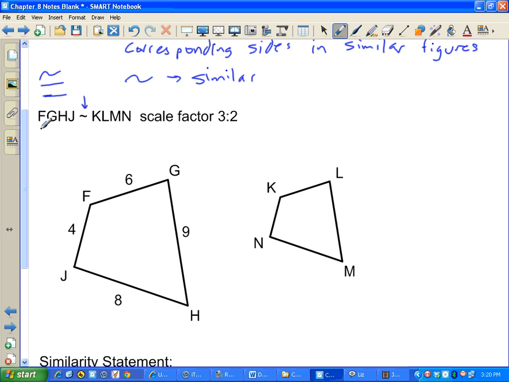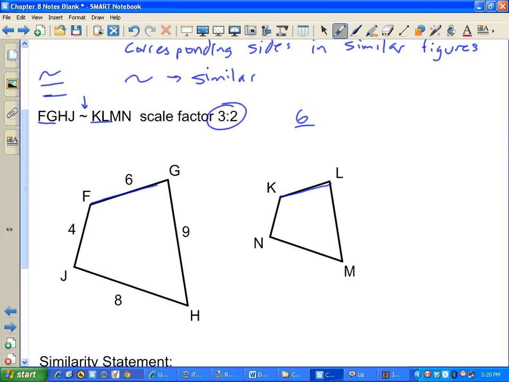So if I tell you that FGHJ, which is this shape, is similar to KLMN, and they have a scale factor of 3 to 2, that means that if I pick corresponding sides, so FG corresponds to KL, if I look at these two sides here, they have to make a ratio of 3 over 2.